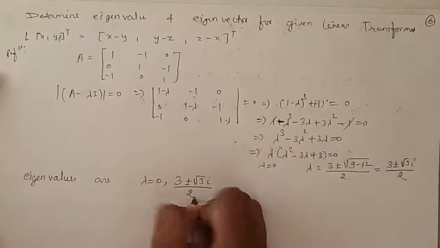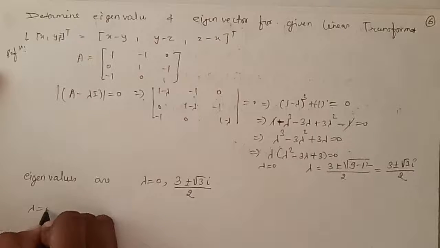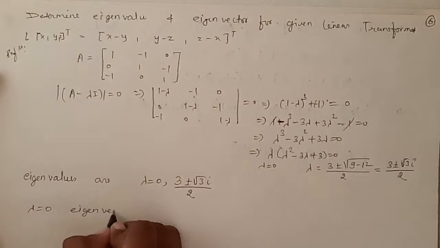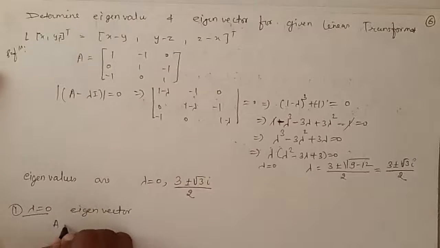Now to find eigenvector for these eigenvalues, so for lambda is equal to 0, first one, (A minus lambda I) into X is equal to 0.